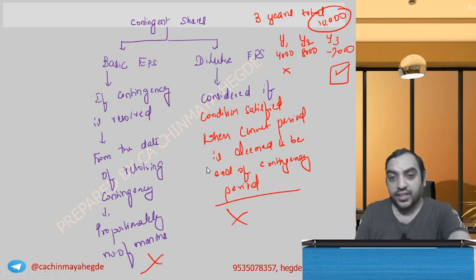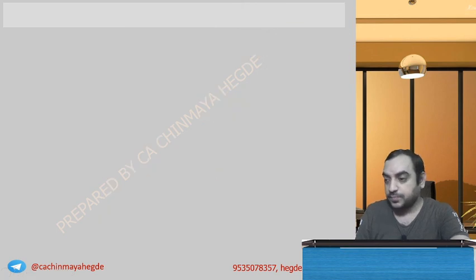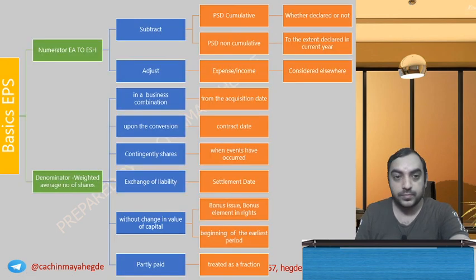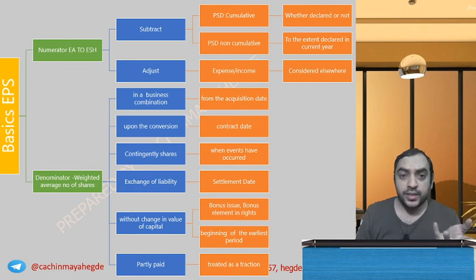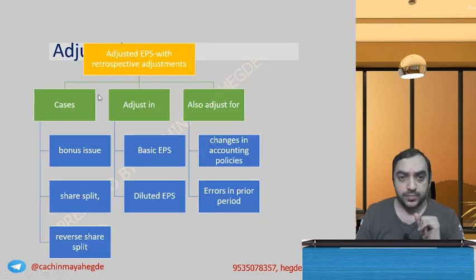Okay, let's go further. So this numerator and denominator I've already explained. Date of contingent issue, exchange of liability when settlement takes place, without change in the value of capital like bonus shares, stock split from the earliest period, partly paid proportionate shares.